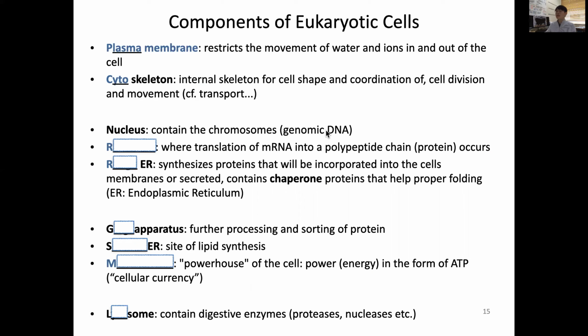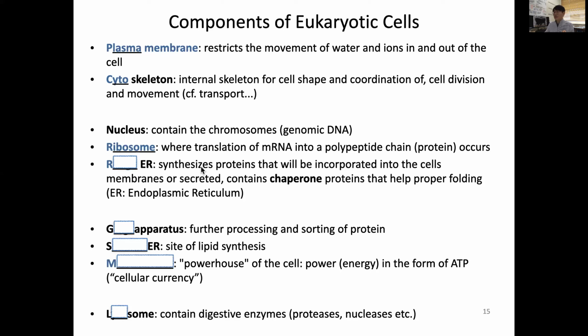So the genomic DNA is contained in the nucleus. And remember, from DNA replication and transcription, translation, where translation of mRNA after transcription becomes a polypeptide chain which will form a protein, that location was in the cell cytosol, and that's the ribosome. And there is the endoplasmic reticulum, you remember that?